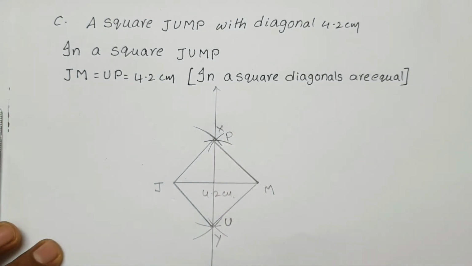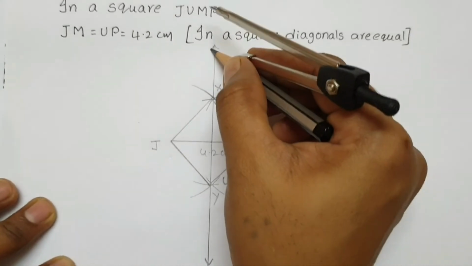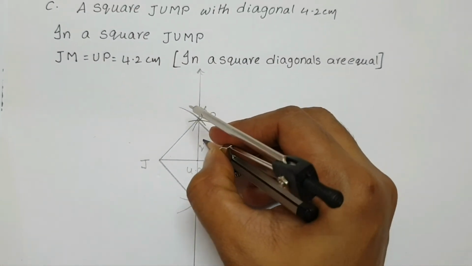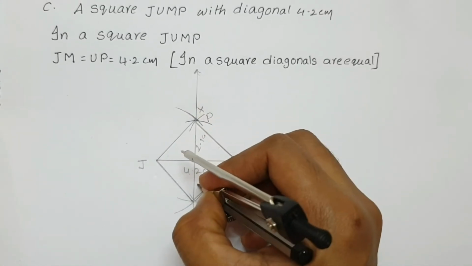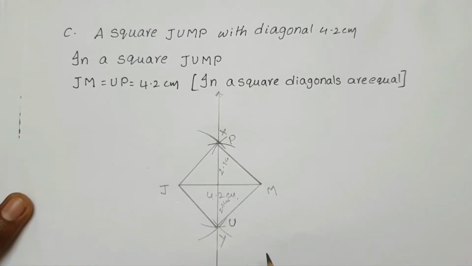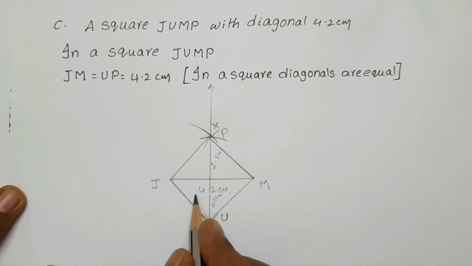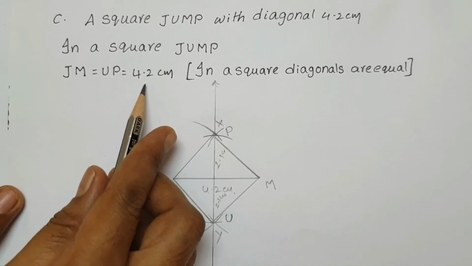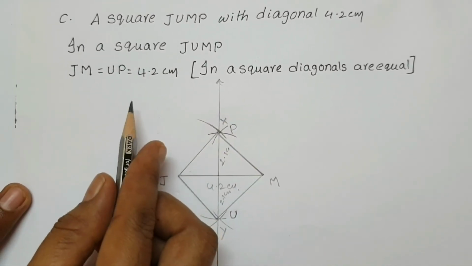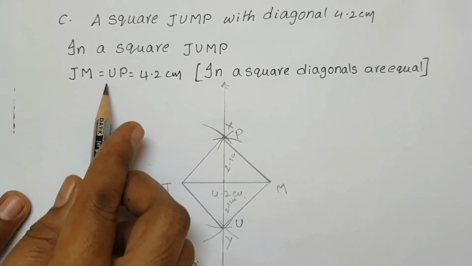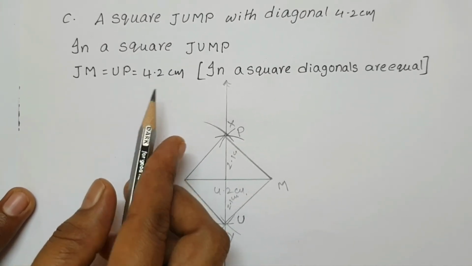Steps of construction. Keep the right angle symbols. This is 2.1 centimeters, here also 2.1 centimeters. We know that only the diagonal 4.2 is given. In a square diagonals are equal, so JM equals UP equals 4.2 centimeters.